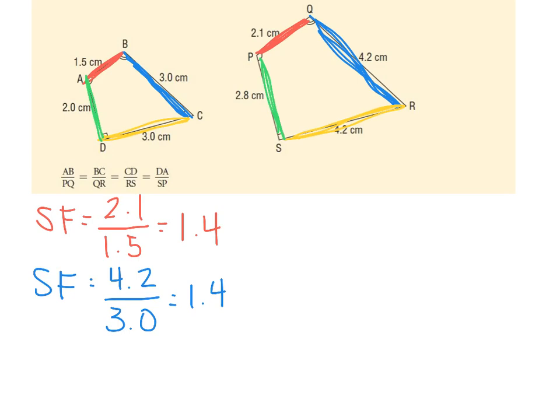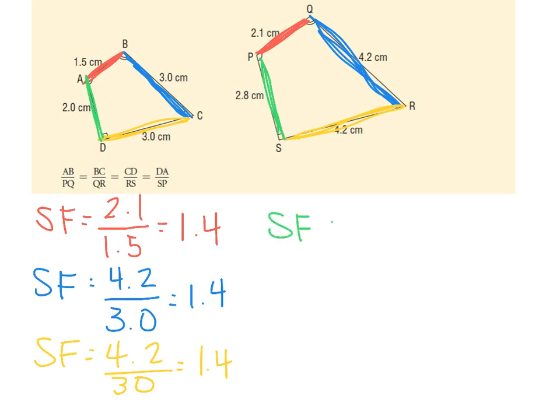So far, we're in proportion. Let's keep checking the rest of them. Now our yellow pairs. So RS and CD, RS will go on top. Scale factor equals 4.2 divided by 3.0, which is the same lengths that we just did, so that's also 1.4. And our last pair, we'll put SP over DA.